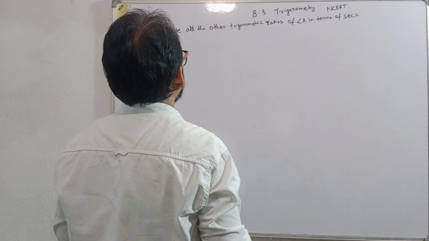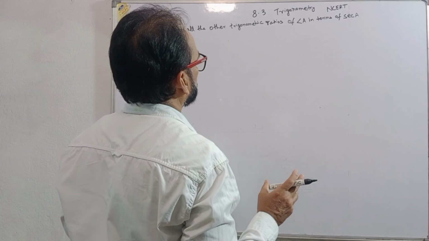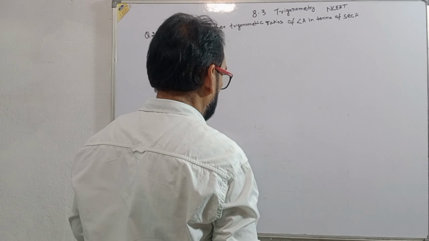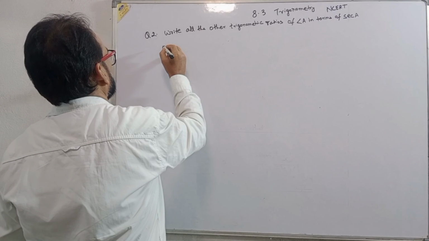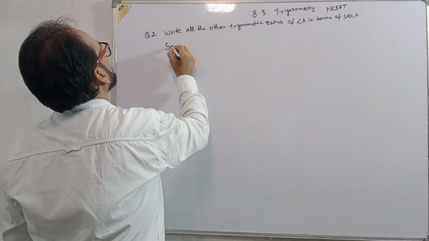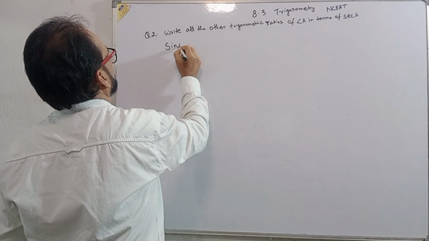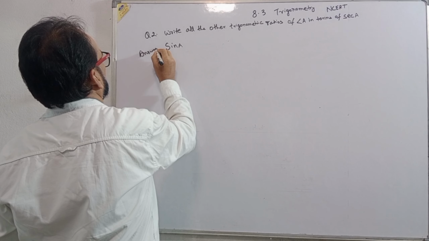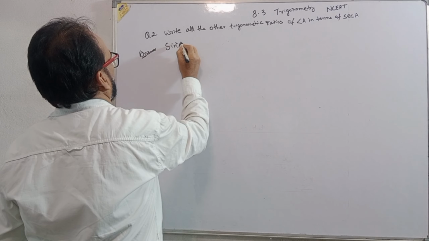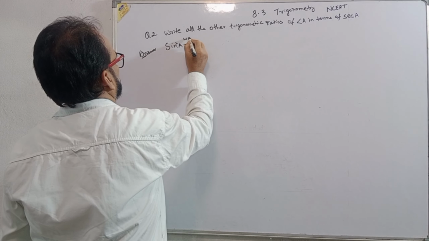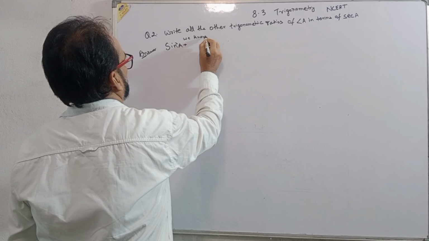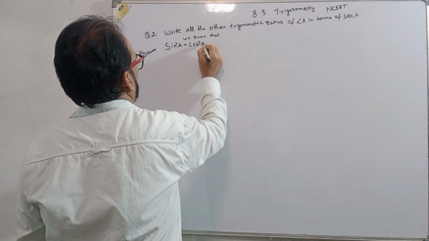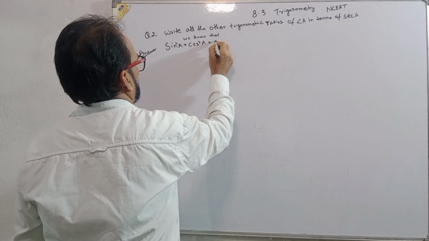Question number 2. Write all the other trigonometric ratios of angle A in terms of sec A. We need first sin A. We know sin square A plus cos square A equals 1.